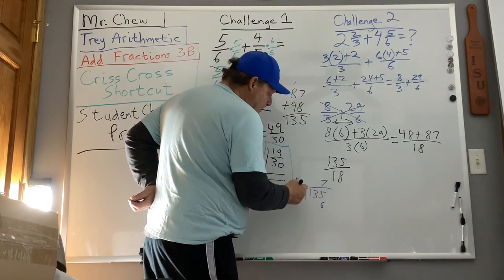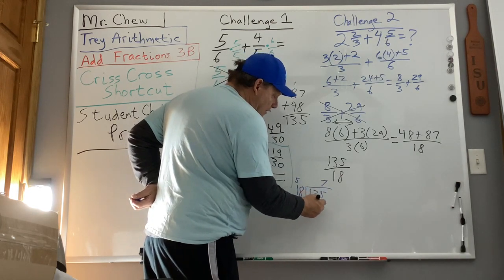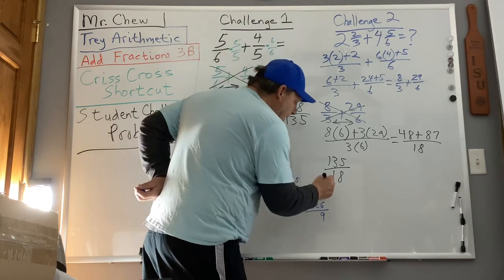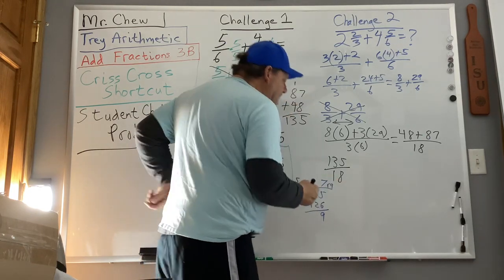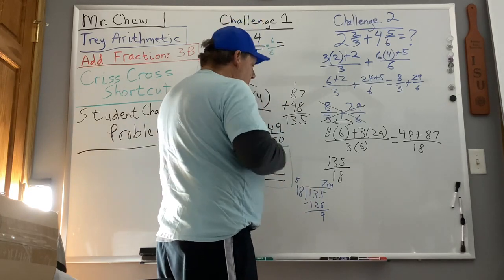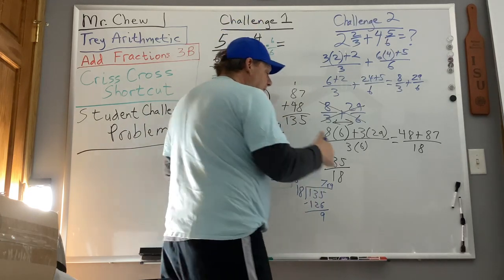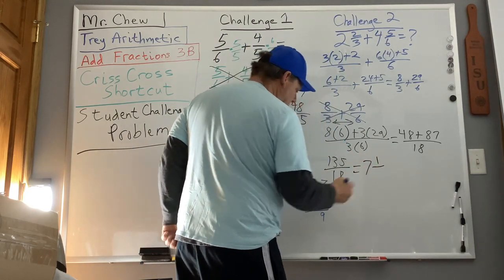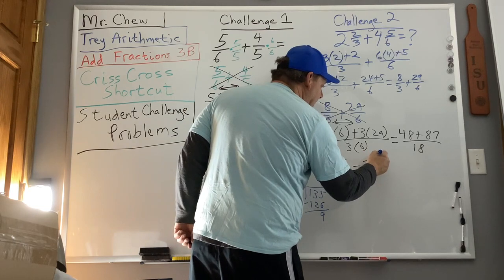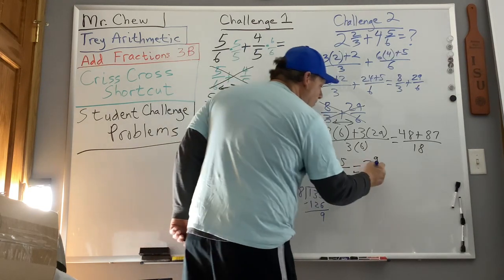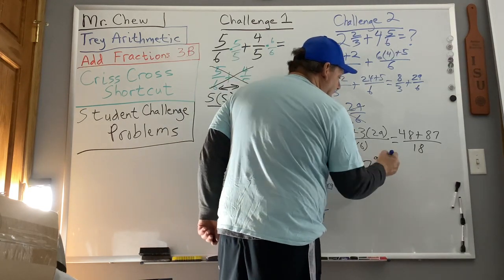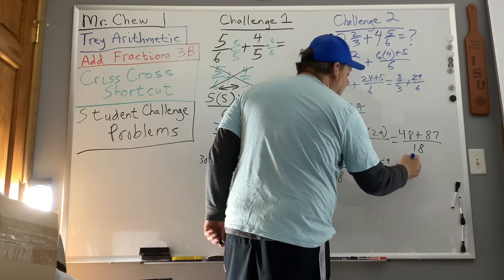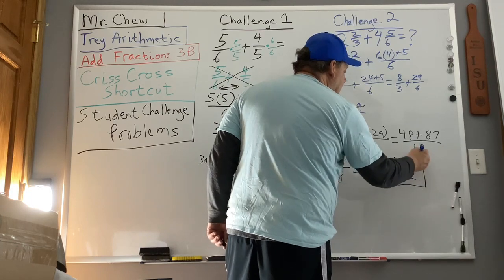Carry the 5. 7 times 1 is 7, plus 5 is 12. And when I subtract, I get a 9. So the answer is 7 remainder 9. So the way you write that is 7 and, that's my remainder, 9 over 18, and I can divide them both by 9, numerator and denominator. 7 1/2 is my answer.